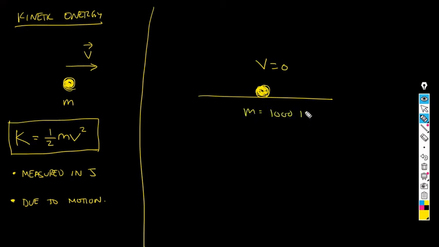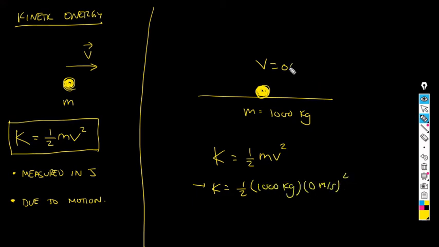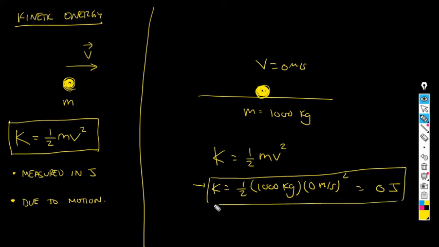Let's suppose it's 1000 kilograms. If I calculate the kinetic energy of this very big particle, and I mean very massive, we have to multiply 1/2 times its mass times its velocity squared, and when we substitute the quantities, we will get 0 in the end, 0 joules. So a particle that is not moving does not have kinetic energy.